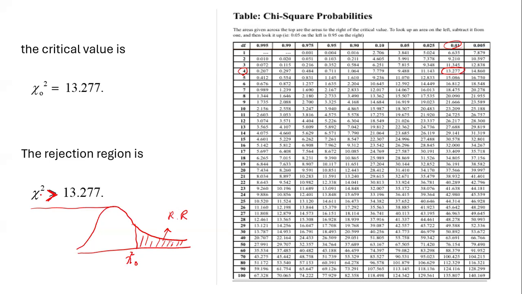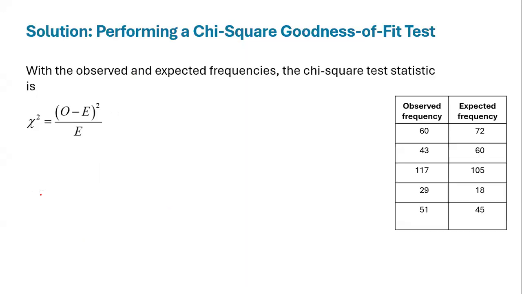Then we need to use the formula to find the test statistic, because we want to check if the test statistic falls in the rejection region or not. In the formula, we subtract each expected frequency from the observed, square it, and divide by the expected frequency. These are the observed, these are the expected. In the first category we have 60 minus 72, squared, divided by 72.